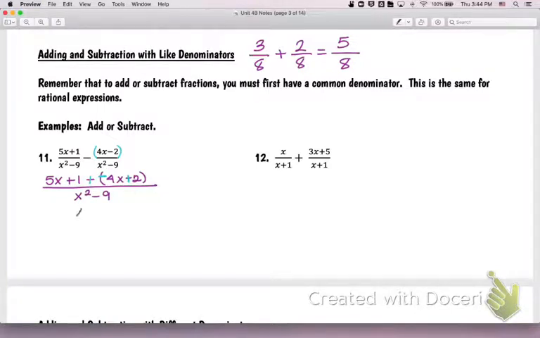We get x plus 3, and we can see that's a factor of x squared minus 9. So let's go ahead and factor that out. And so when this divides out, remember that anything divided by itself is 1. So we end up with 1 over x minus 3.